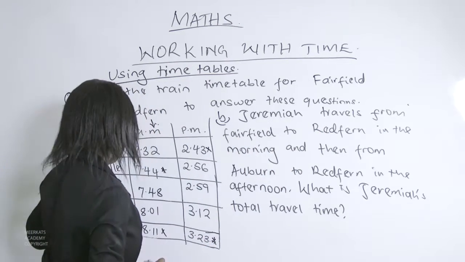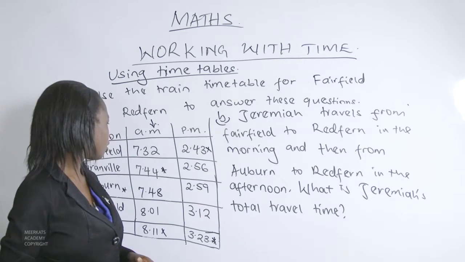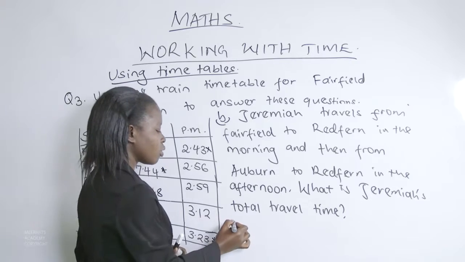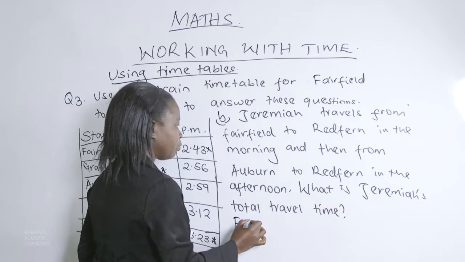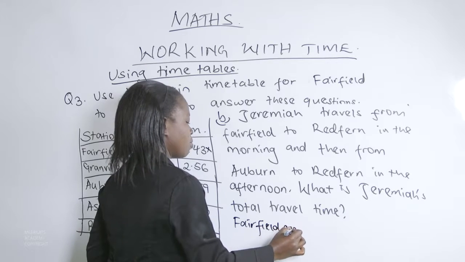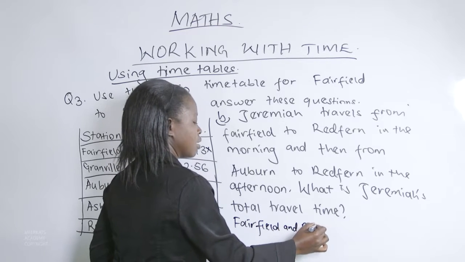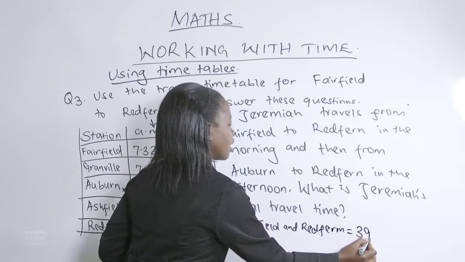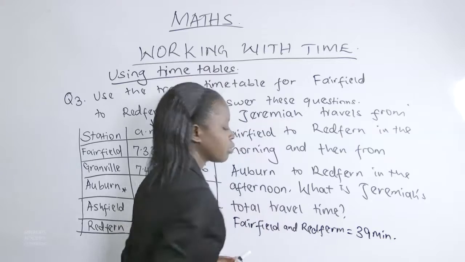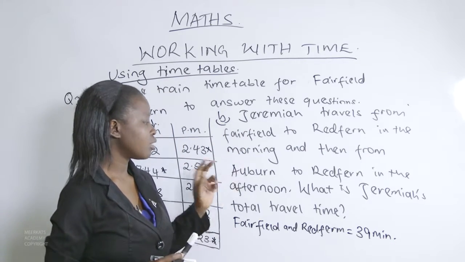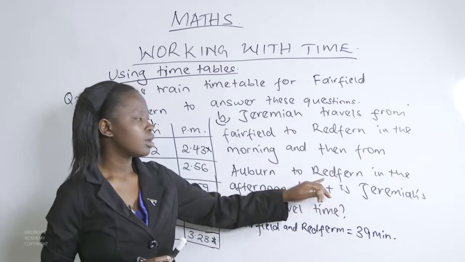We already calculated that, and we found that between Fairfield and Redfern in the morning, it takes 39 minutes.